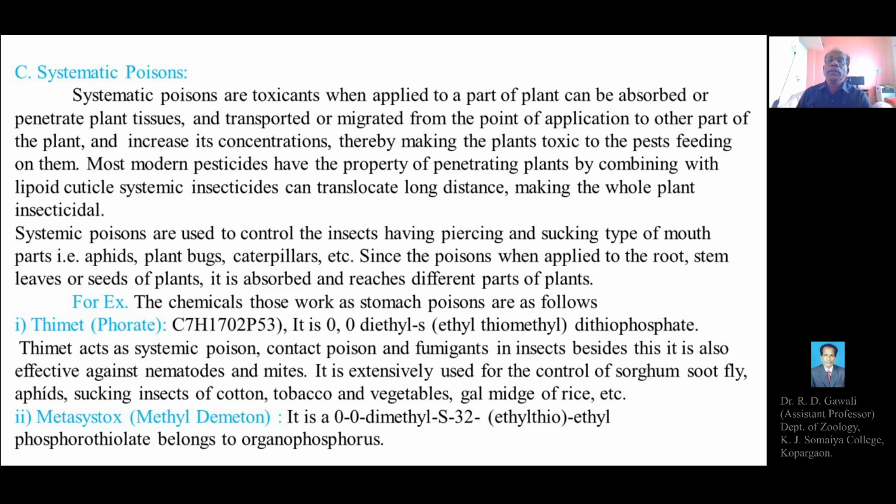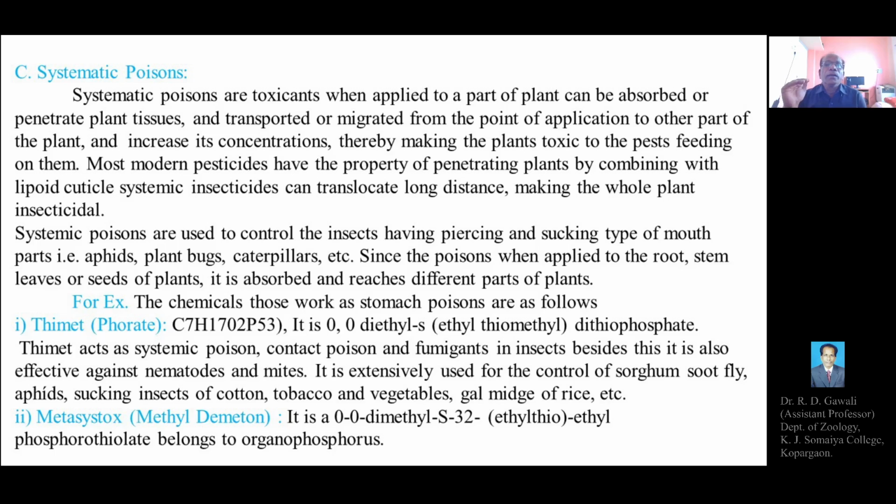The plants become toxic, which leads to phytotoxicity. There is an increase in the concentration of the systematic poisons in the plants, and they have the property of penetrating plants by combining with a lipoid cuticle.